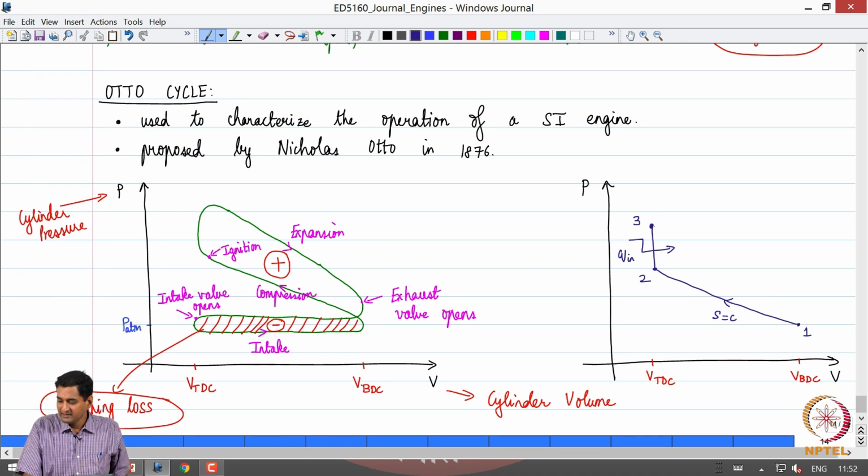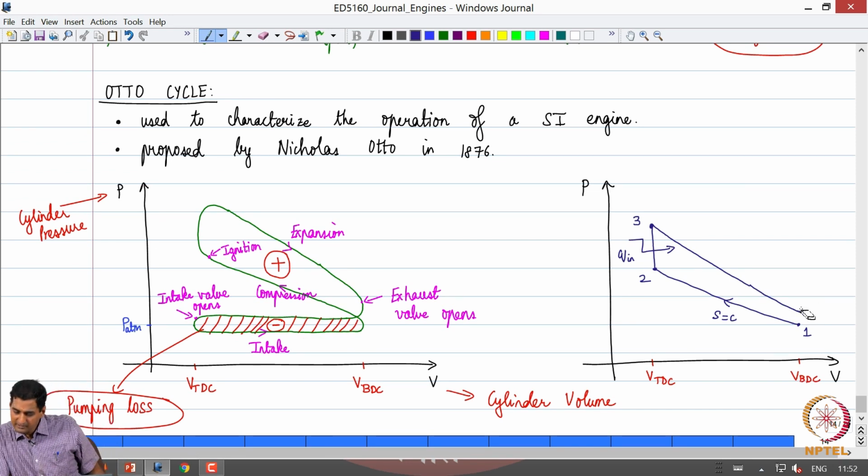Then comes the expansion. The expansion process is also taken to be a constant entropy expansion process, or what is called an isentropic expansion process, then the process 4 to 1 closes the cycle.